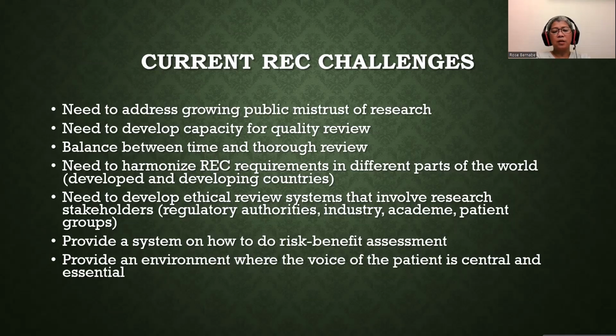And the provision of an environment where the voice of the patients is central and essential. So it's not sufficient to just say that the researchers have consulted the community and that's fine. There must be a representative who's able to voice out the view of the patients. Now, how that is done, and whether how it's currently done is actually the best way to do it is up for discussion.